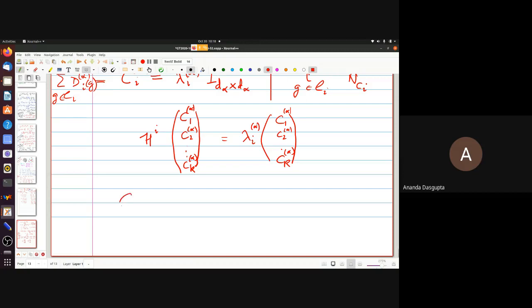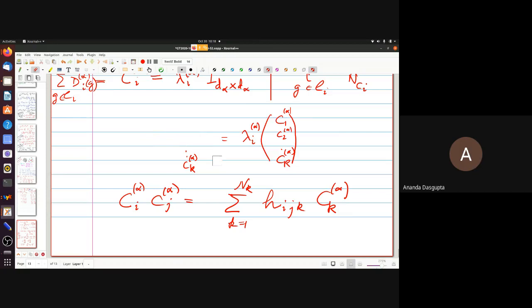By the way, in case you are not following this, let me just write this down for you. Ci Cj, remember, is the sum over k going from 1 to nk, the number of classes, of Hij k times Ck. That's the general rule for class matrices. This is a much simpler way of writing this, so we will do that now.